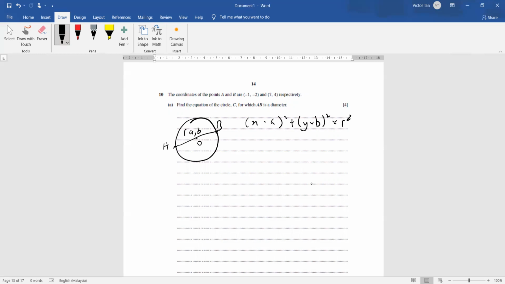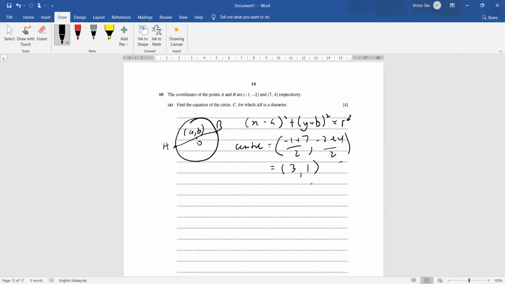So finding a, b, the center is the midpoint of points A and B: minus 1 plus 7 over 2, minus 2 plus 4 over 2. This gives you 6 over 2 is 3, 2 over 2 is 1.